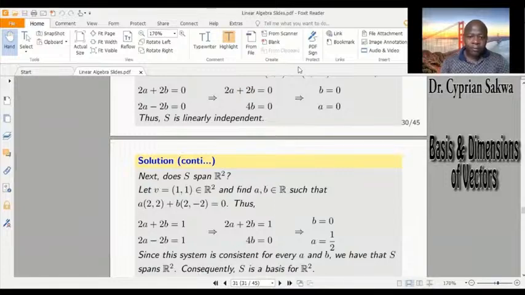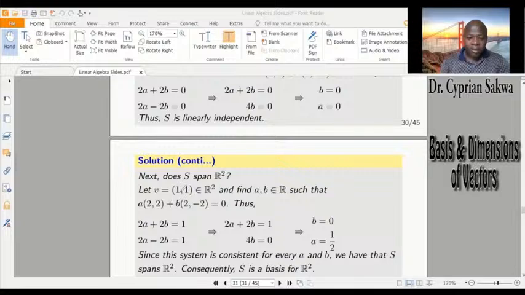And we know how to tell if vectors span a vector space. Just as we did in our video on spanning sets, we choose a vector in R2 and we want to see whether it is a linear combination of the vectors that were given.